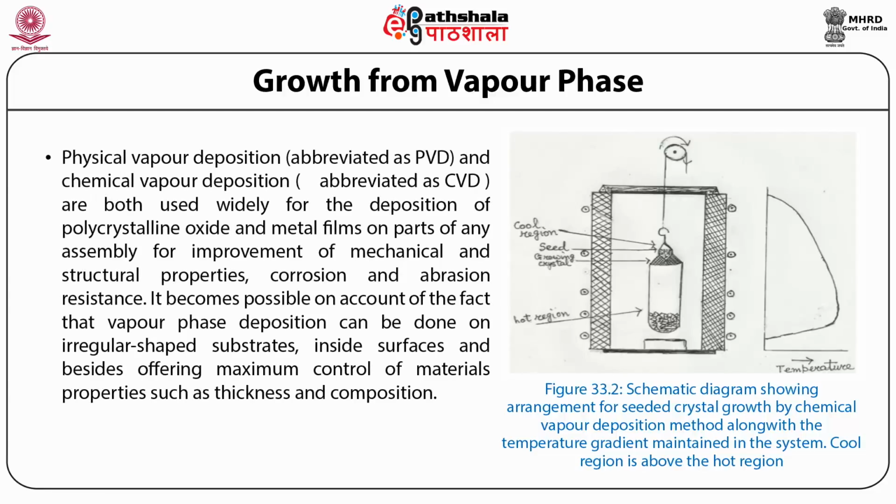Physical vapor deposition, abbreviated as PVD, and chemical vapor deposition, abbreviated as CVD, are both used widely for the deposition of polycrystalline oxide and metal films on parts of any assembly for improvement of mechanical and structural properties, corrosion, and abrasion resistance.